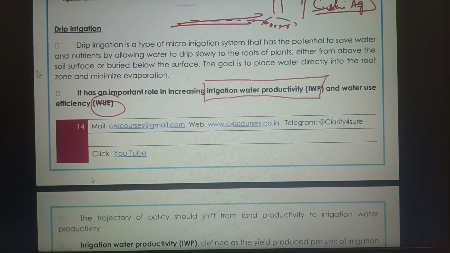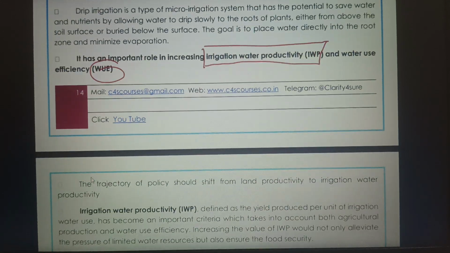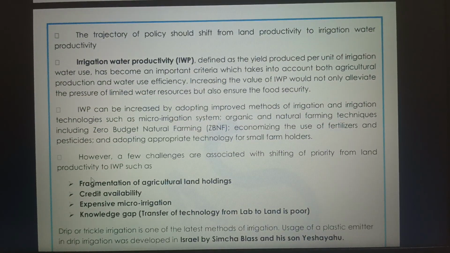How much water you are putting in and how much the crop is growing, that is irrigation water productivity. How much water you are giving and how much the crop is growing, that is only irrigation water productivity. And water use efficiency is how much water is being used efficiently. We will see these two things. Okay?